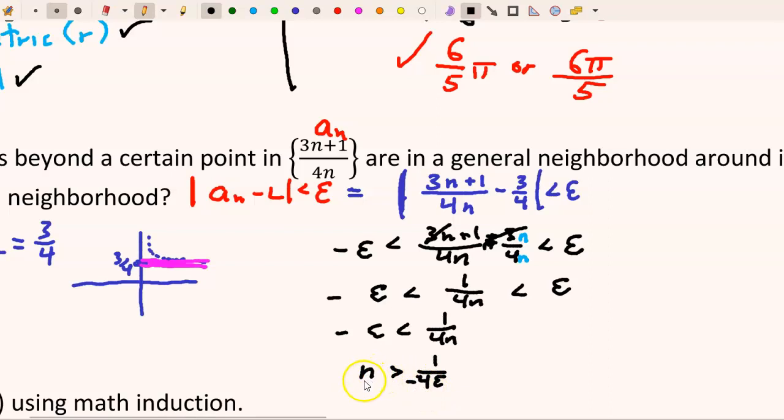Because n is a positive natural number. We can't have negative if n is a natural number, because n stands for the first term, the second term, the third term. There's no negative terms over here. There's no such thing as the 1.5 term. So we have to understand that this is a natural number when we're doing this, so we don't accidentally put a decimal answer or something like that.